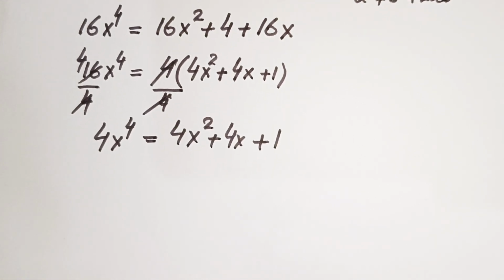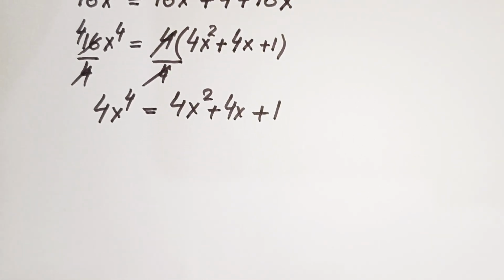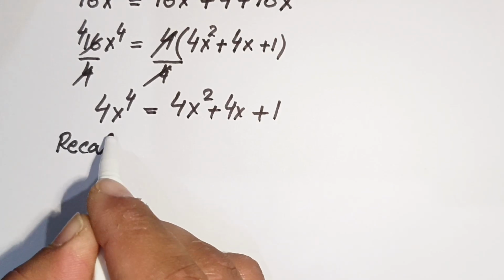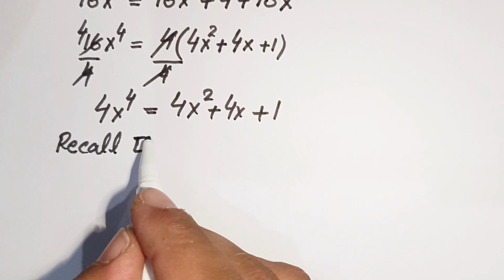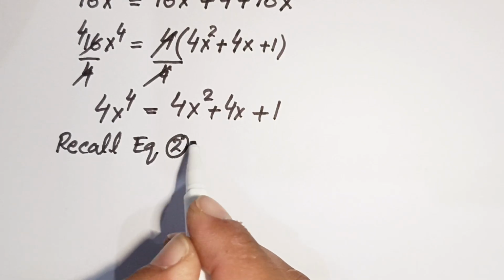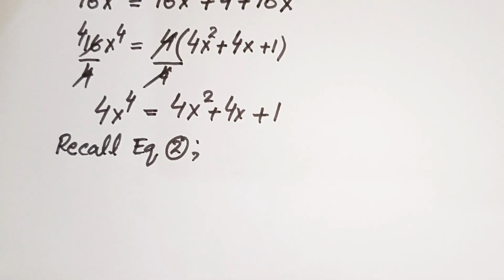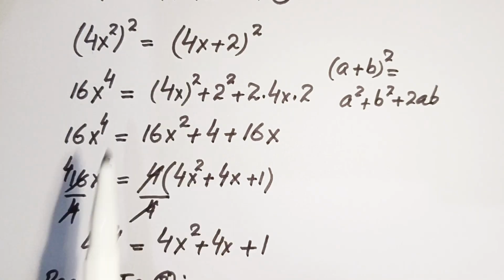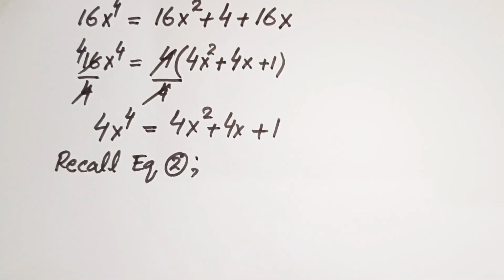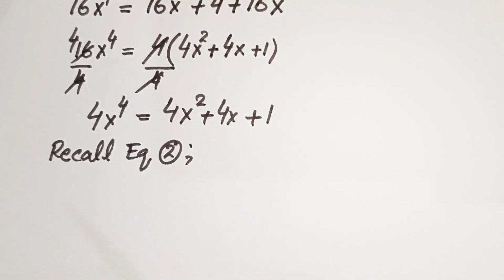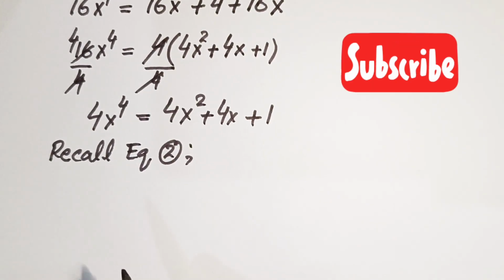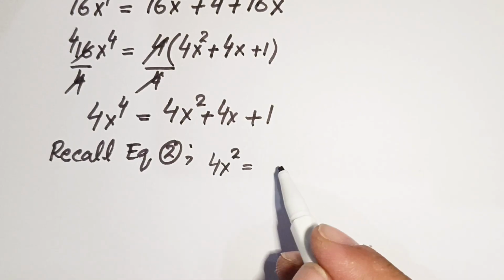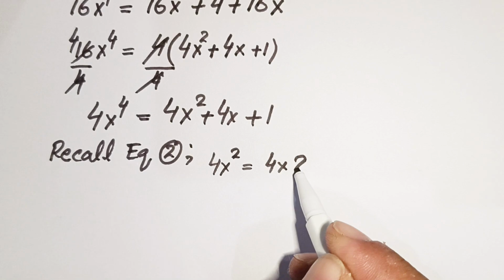Now as we know from equation 2, recalling equation 2, which is given by 4x squared is equal to 4x plus 2, so putting that here, 4x squared is equal to 4x plus 2.